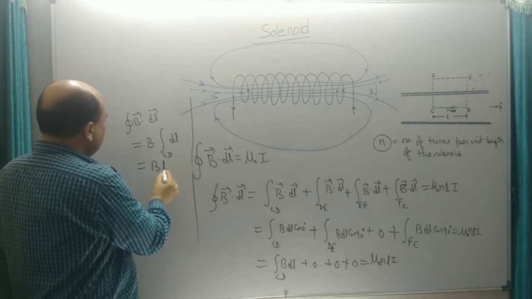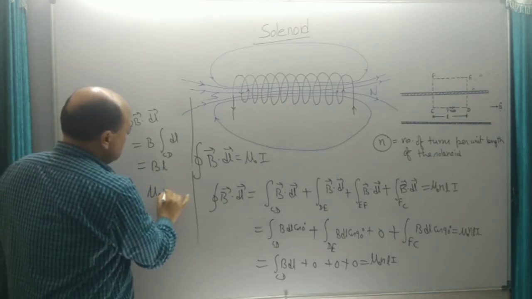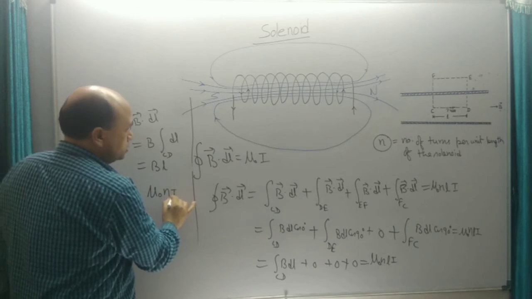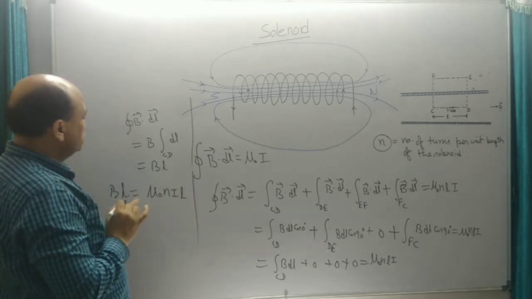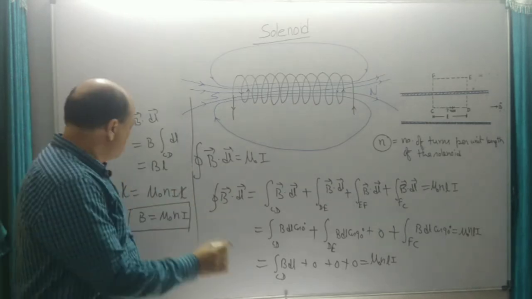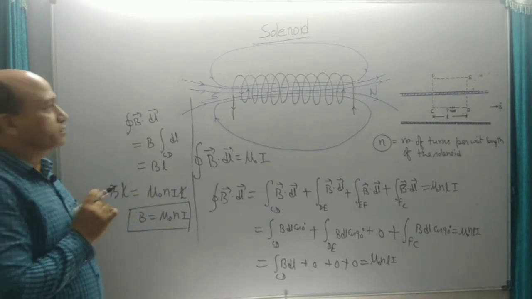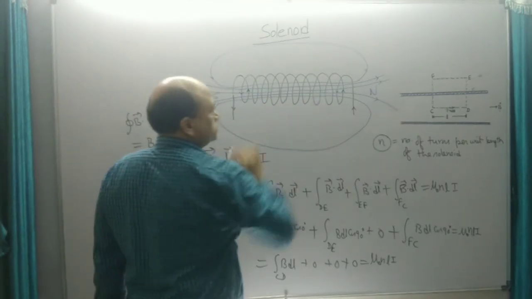Now this B into L is equal to mu naught N I L. This L will cancel with this L. Therefore, B is equal to mu naught Ni, which is the expression for magnetic field inside the solenoid.